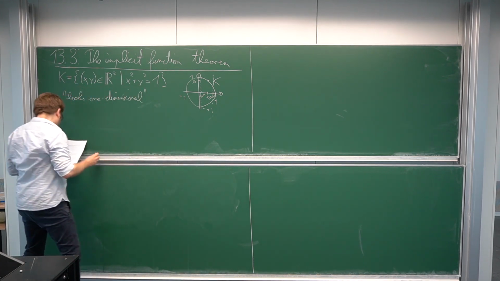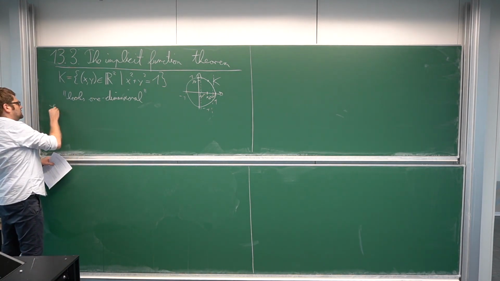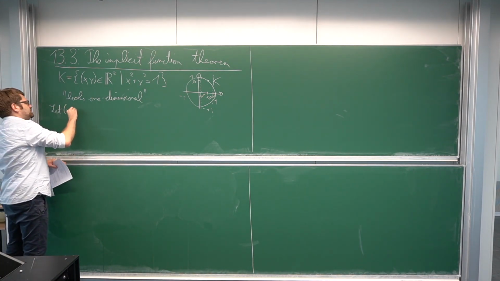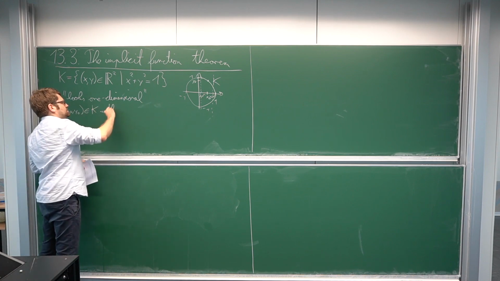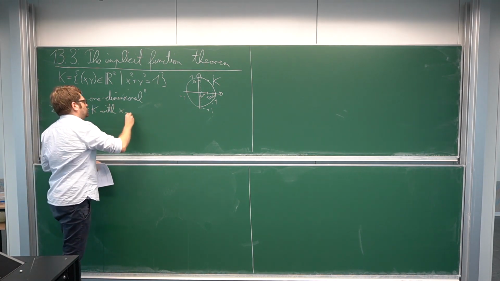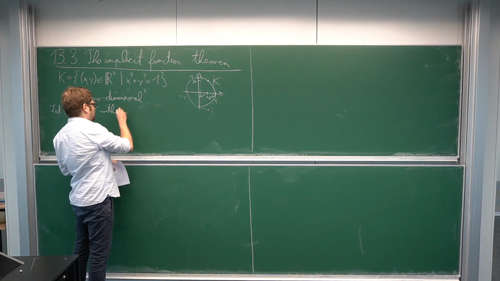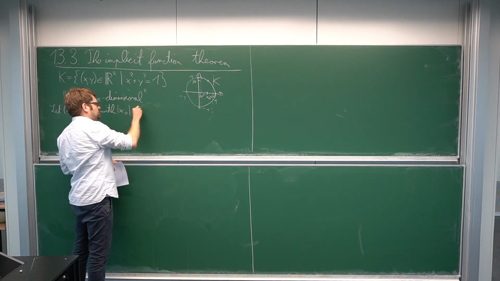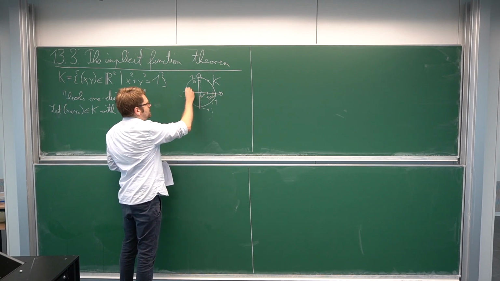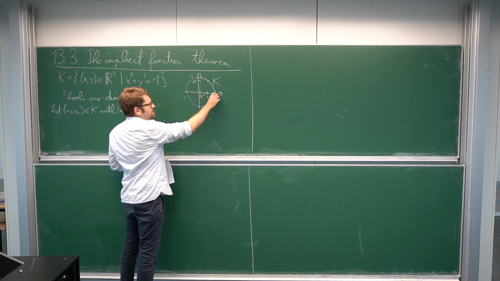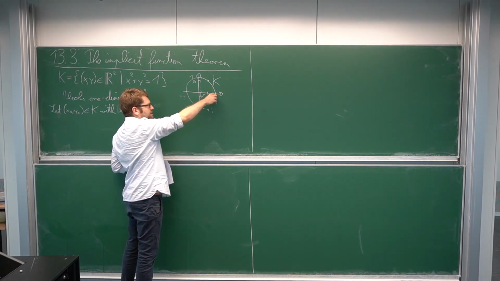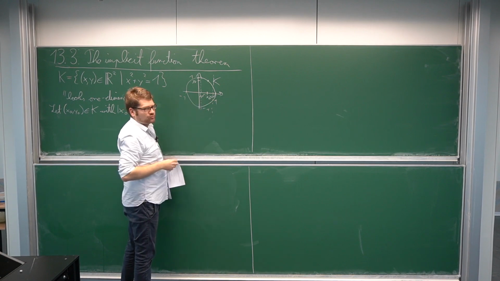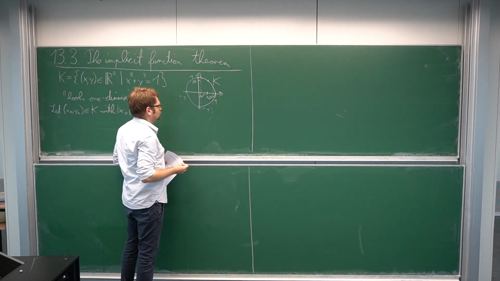So let's formalize this. Let (x0, y0) be in K, such that the absolute value of x0 is smaller than 1, so we're not on the edge here. On the edge, for every x value close to this edge we have two y values, one upstairs, one downstairs, so this method doesn't work.